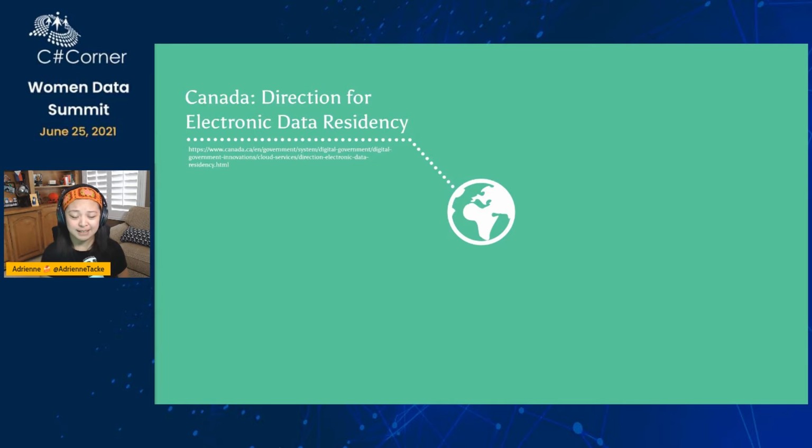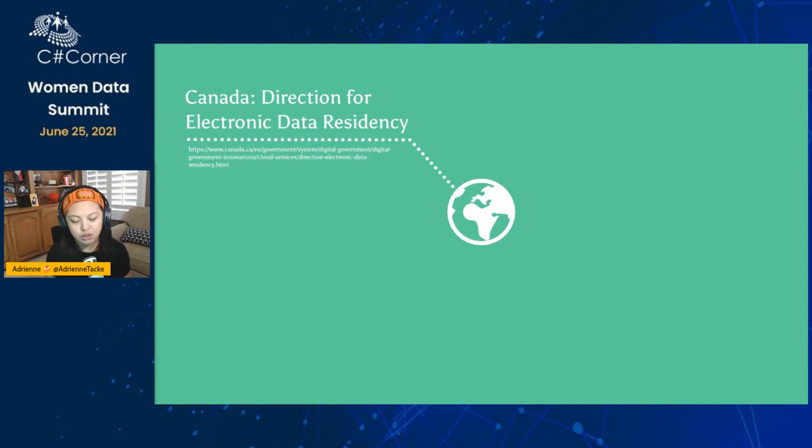And that basically says any sensitive data that is collected or used by the government of Canada has to be stored in an approved computing facility that's within the geographic borders of Canada. So there are a few exceptions. There might be some diplomatic places or consular missions that are outside of Canada, but those are very rare.